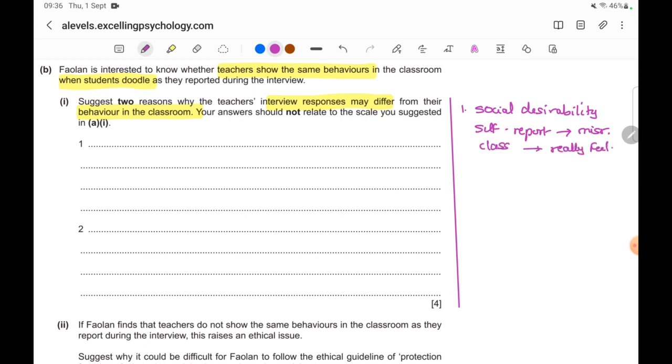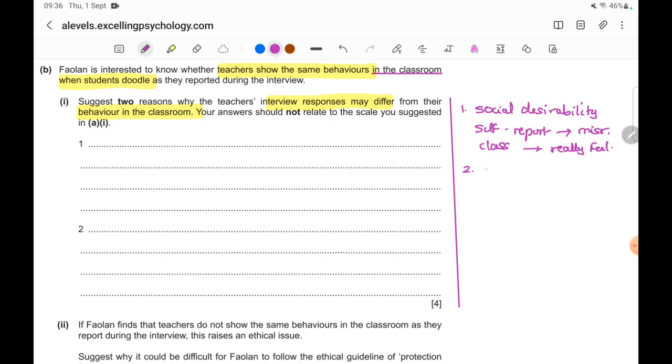And since the researcher is studying in the classroom in a real setting, this is a field observation. So the teachers might not even be aware that they are being observed. They might not have had any opportunity to change their behavior to make it look favorable. Besides that, a lot of times when it comes to self-report, people are genuinely unaware of how they behave.